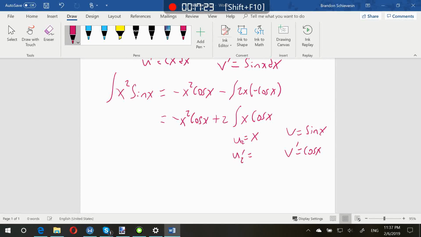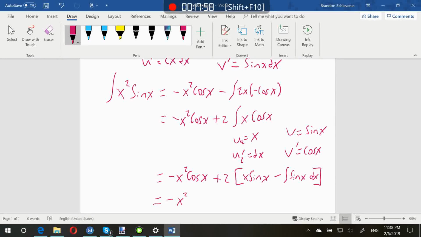So if I derive x, I get dx. If I integrate the cosine of x, I get the sine of x. That leaves me with negative x squared cosine x plus 2 times all of uv minus the integral of u prime v, sine x dx. Okay, and then if I integrate sine, I should get negative cosine.